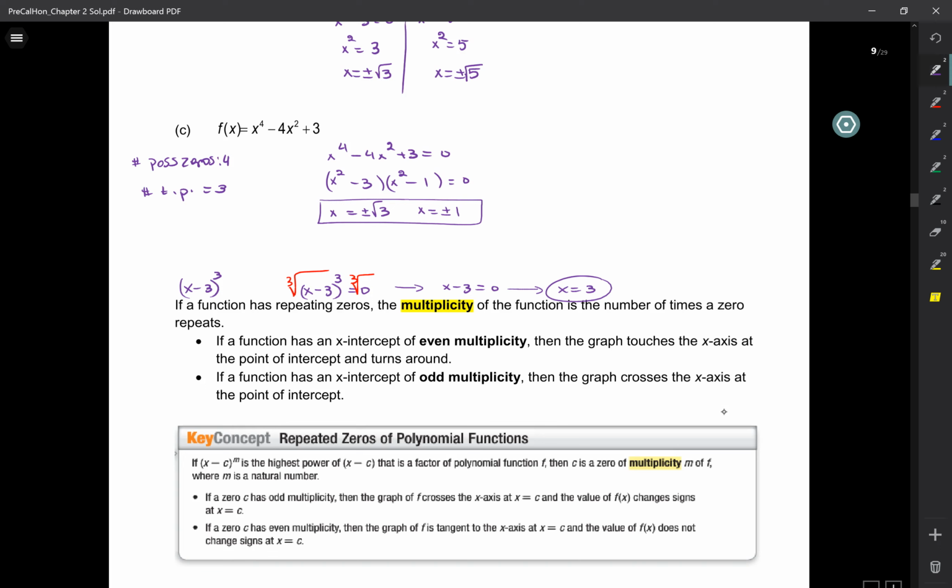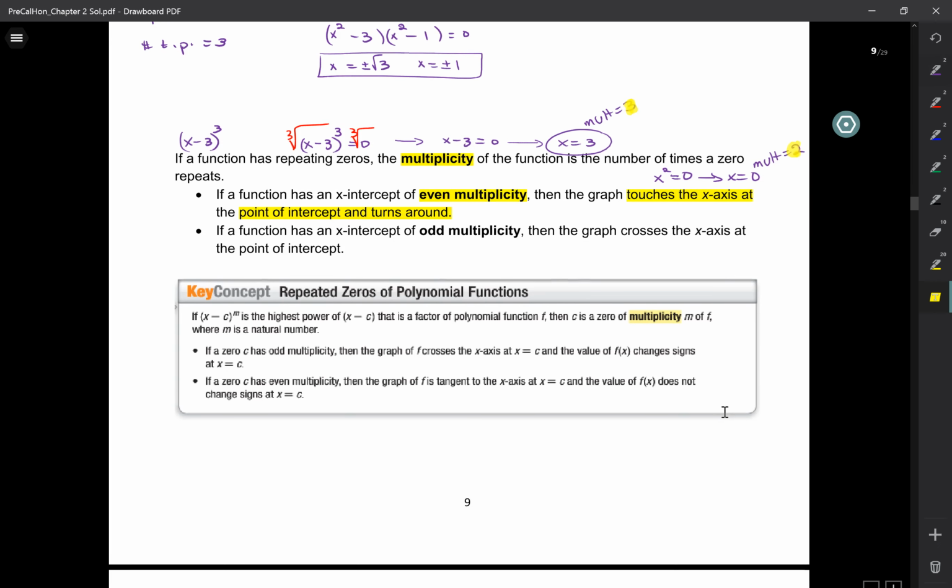As opposed to if I have, for example, x squared is equal to 0, here I get x equals 0, but because it's squared, I get x equals 0 twice. So the multiplicity is 2. Now, whether the multiplicity is 3 or 2 actually makes a difference. So based on whether this is an even or an odd number, it makes a difference. If the multiplicity is even, then the graph touches the x-axis at the point of intercept and turns around.